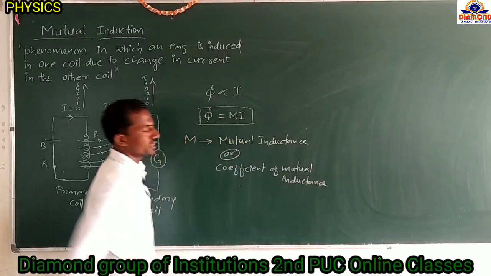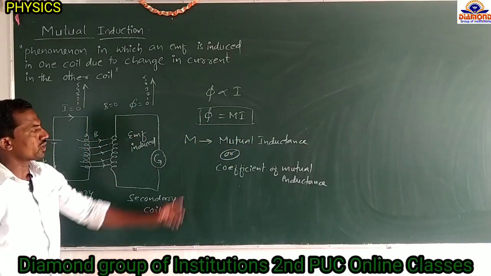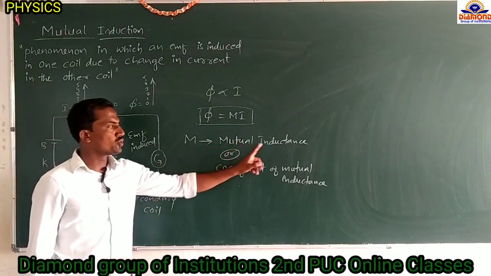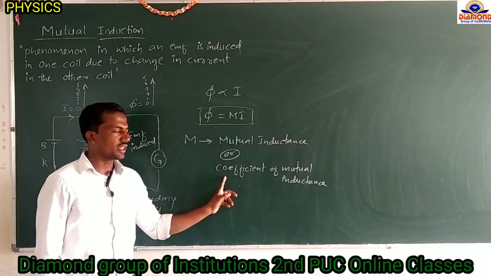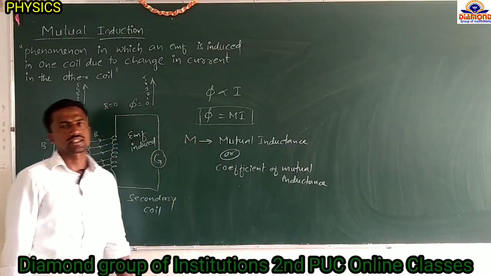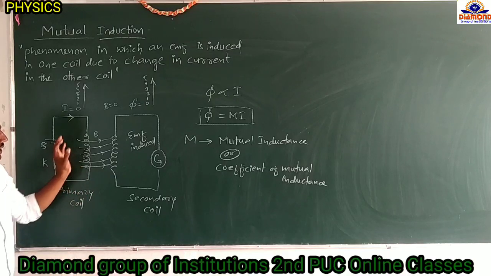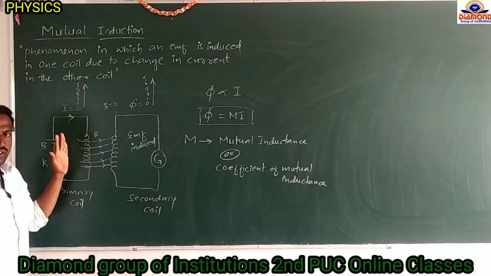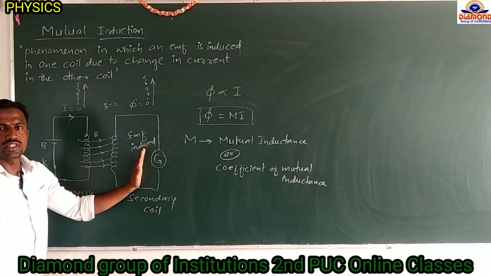So M is the mutual inductance, also called the coefficient of mutual inductance. When current is changing in one coil, EMF is induced in the other coil.